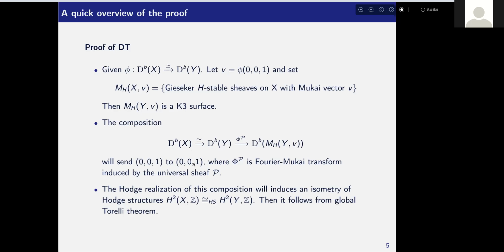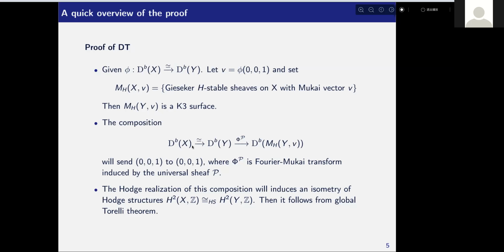So the first one is the given one, phi, from D^b(X) to D^b(Y), and the second derived equivalence is given by the Fourier-Mukai transform induced by this universal sheaf P. So consider this moduli space of sheaves. We have a natural universal sheaf lying over Y times this M_H(v). So these are naturally derived equivalent. Okay. Then we can use the Hodge realization.